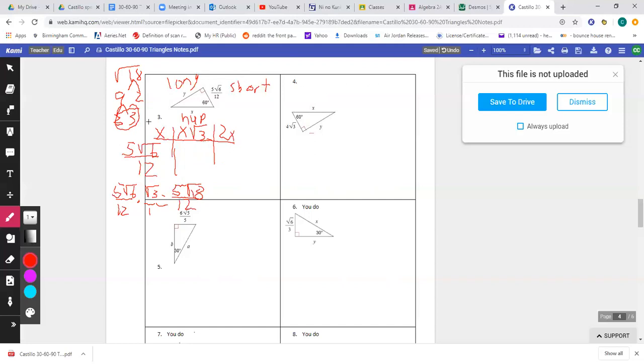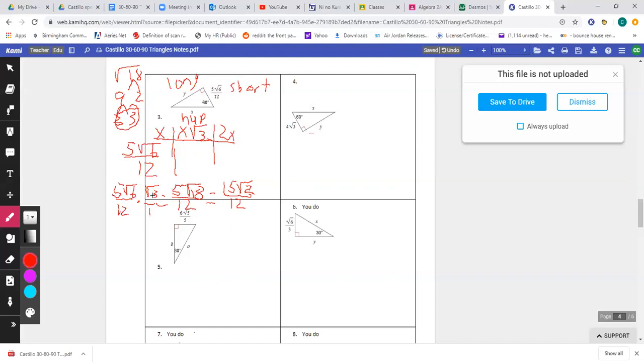The only thing is that there is a 5 out here already, right? So if I take this 3 out, I have to multiply it by the 5, and I would get 15 root 2 over 12. Okay. So once again, where did I get 15 root 2?